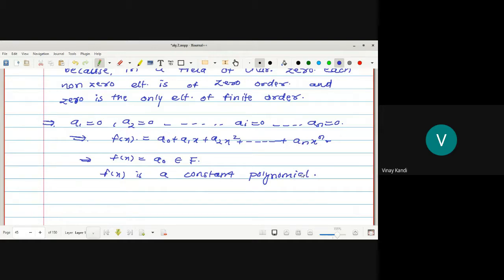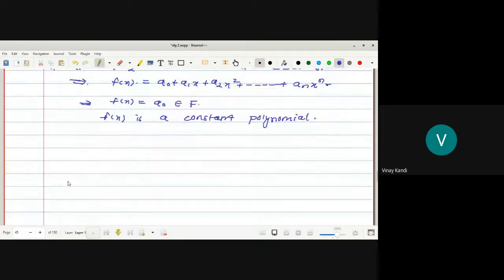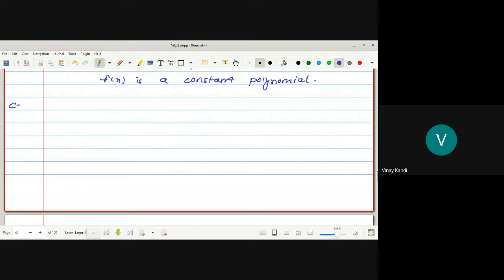Now case number 2, when the characteristic of the field F is p. When the characteristic of field F is equal to p, it's not equal to 0. Look at it.